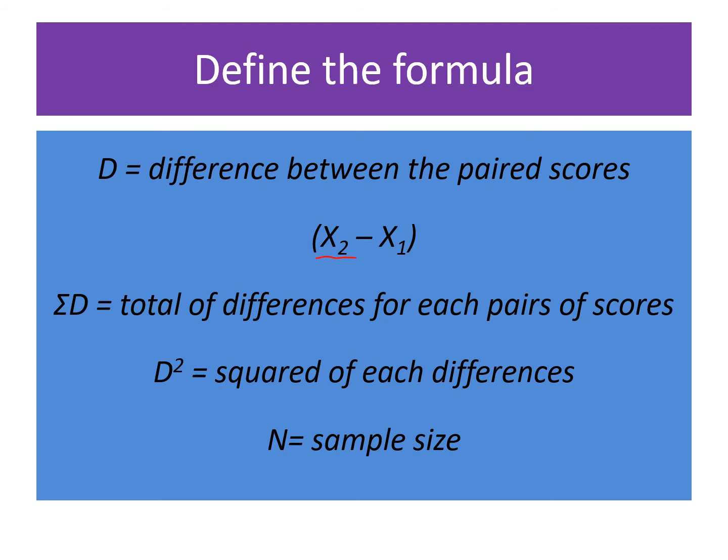See, x2 score 2 minus score 1. In that way we have to find D. Then summation D in the formula denotes the total of differences for each pair of scores. D square equals the square of each difference, n equals the sample size.